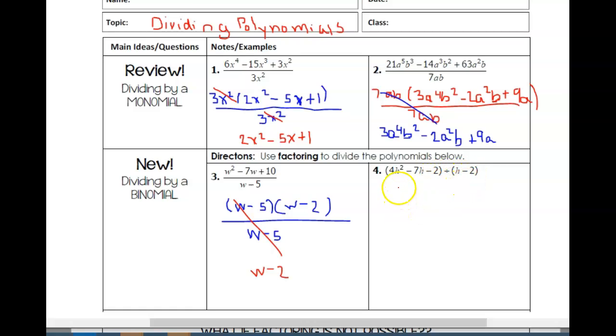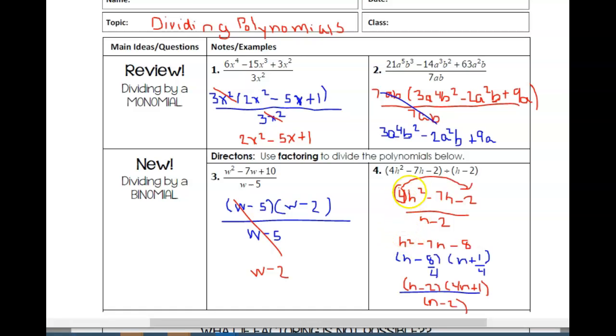Well, I'm just going to put that how we had the last one. I'll just write it 4h squared minus 7h minus 2 over h minus 2. And I'm going to factor the numerator, and then I'm going to cancel from top to bottom. Remember, this is just review for the beginning of the year.